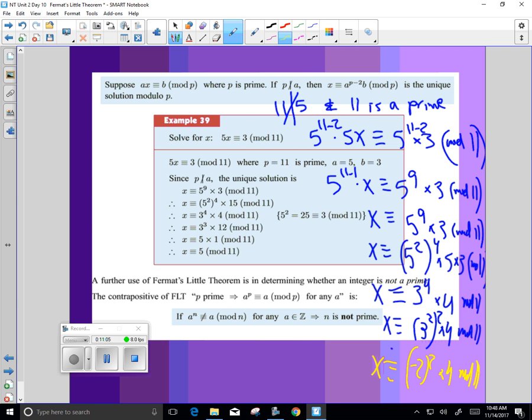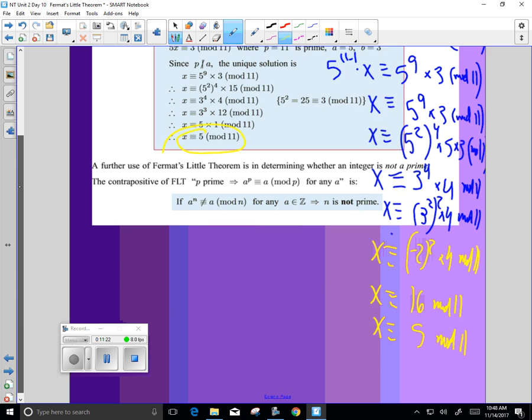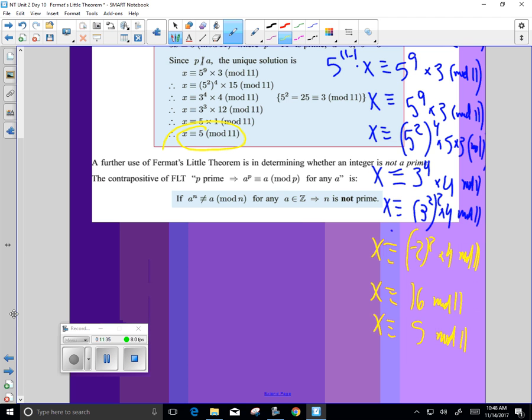And x is congruent to 4 times 4 is 16 mod 11. So I get x is congruent to 5. Is that the solution? Yep. And so back here, 25 minus 3 is what? 22 mod 11. So it works. So your answer for this is 5.